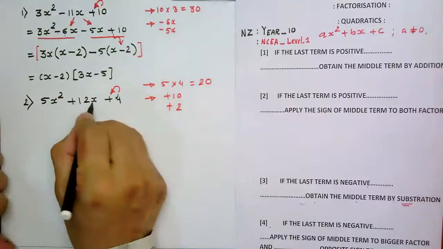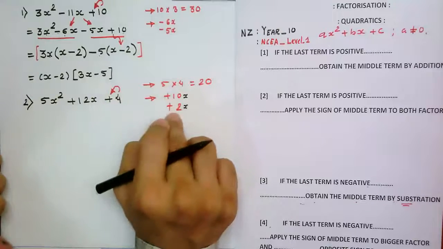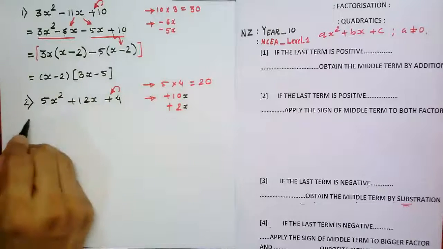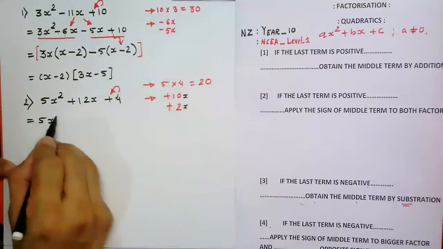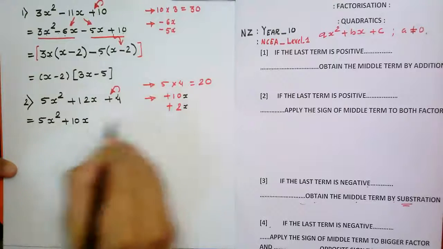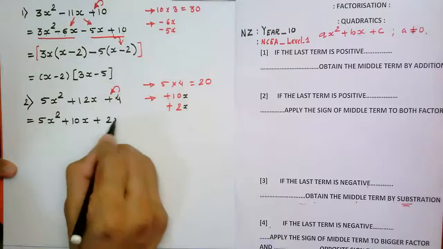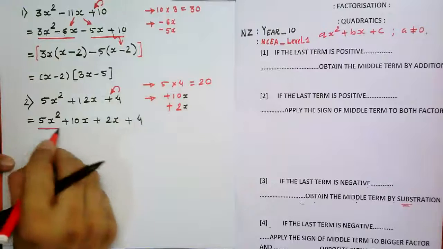And obviously this x. So plus 10x plus 2x is plus 12x. That's fine. 5x squared plus 10x plus 2x plus 4. Create pairs over here.